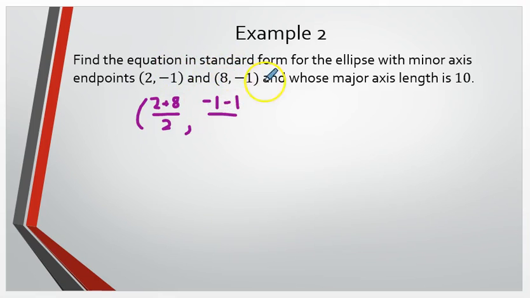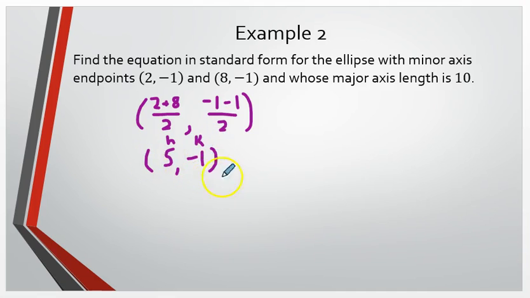Now instead of writing plus and negative, I'm just going to write subtracting because it's the same thing. And divide by 2 because that's how many numbers I added. If I simplify this, 2 plus 8 is 10, divided by 2 is 5. -1 minus 1 more is -2, divided by 2 is -1. And that's the h and k value that I'll be plugging into the equation later.